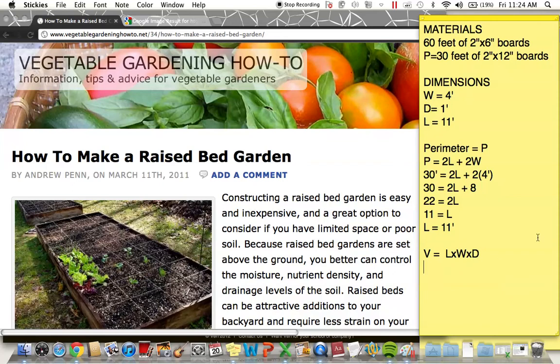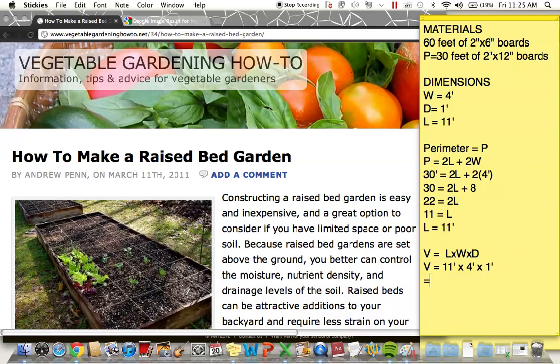Now, we make sure that everything is in feet, which it is, so we should get a volume in cubic feet. Sub in 11 feet times 4 feet times 1 foot in depth. That's length, width, and depth.